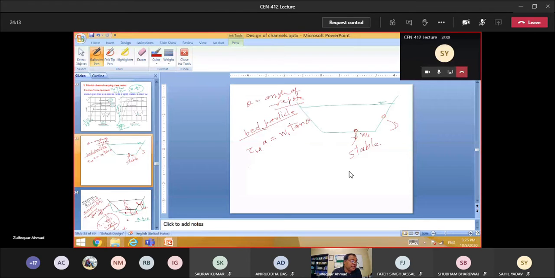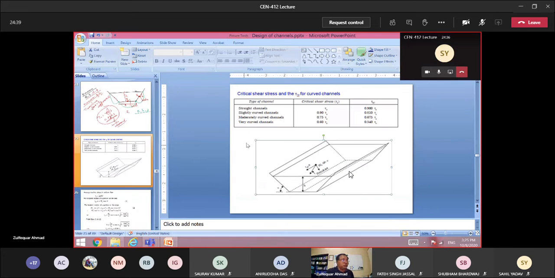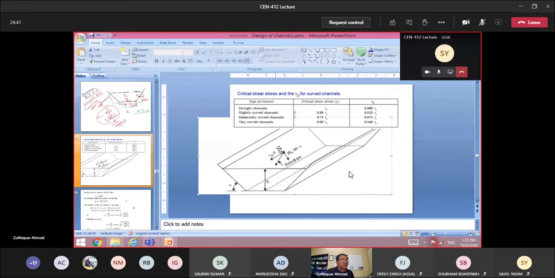But if the sediment particles are on the side, you can see the forces acting. Let me show this diagram, then it will be clear. Let me enlarge this.